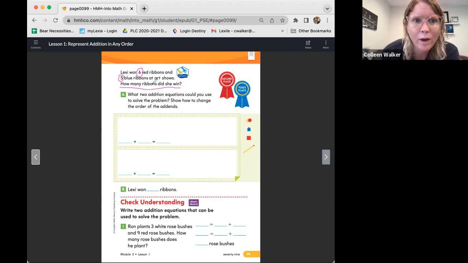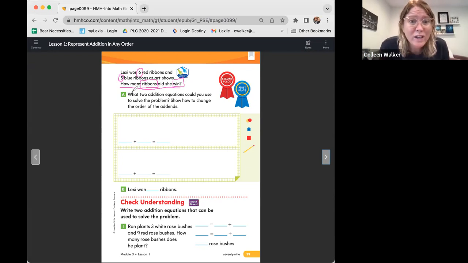How many ribbons did she win? Ribbons and win, because we need to figure out the total number of ribbons. So that gives us a clue that we need to add because we're trying to figure out how many ribbons all together.